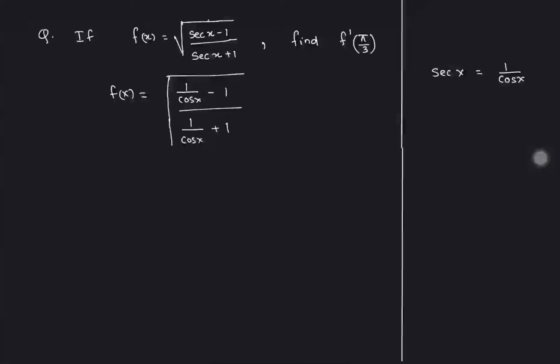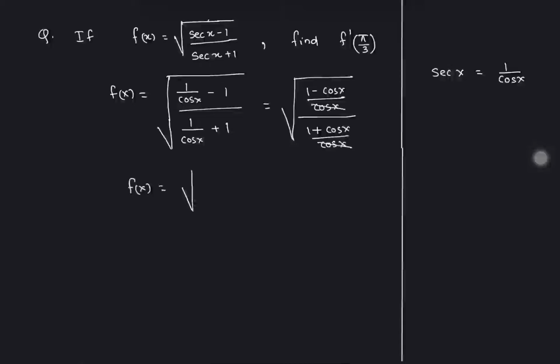So the whole square root will be there, so we'll write it like this, and this can be simplified to 1 minus cos x over cos x divided by 1 plus cos x over cos x. Now this cos x and cos x get cancelled, so you say your f of x now is square root of 1 minus cos x over 1 plus cos x.